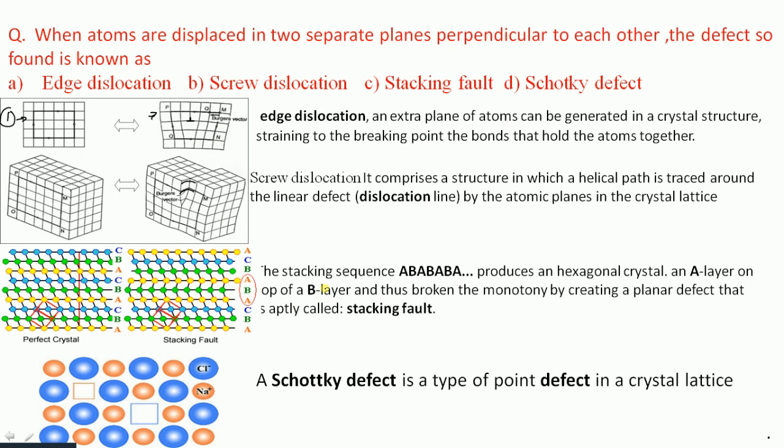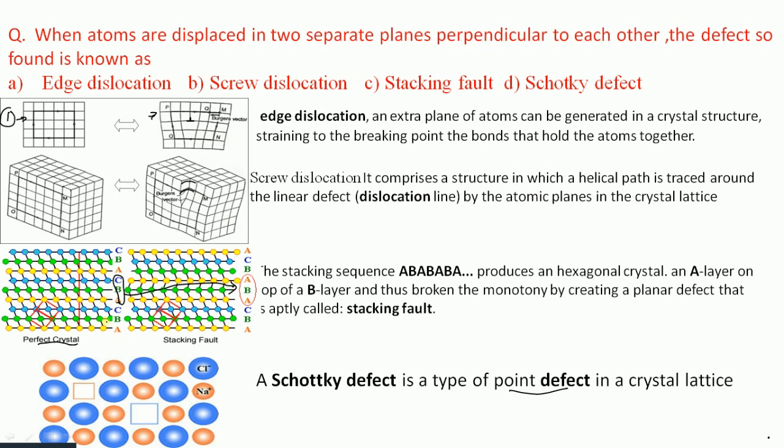Here we can see a perfect crystal, and in a perfect crystal the stacking sequence is ABC, ABC and ABC, whereas in stacking fault the stacking sequence has changed to ABA, because it used to be ABC for a perfect crystal, but it has changed to ABA. Therefore this location is called stacking fault, whereas Schottky defect is a point defect.